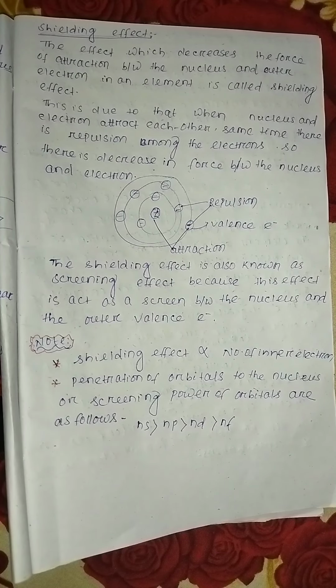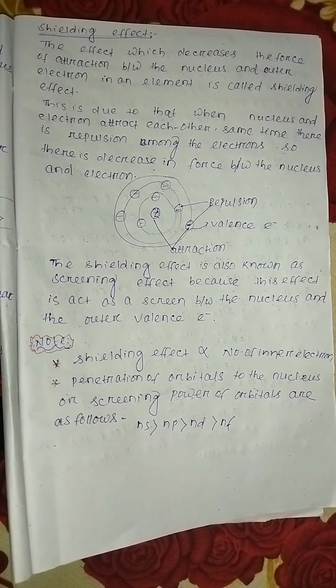This is due to the fact that when the nucleus and electron attract each other, at the same time there is repulsion among the electrons. So there is a decrease in the force between the nucleus and electron, as I have told you. These two electrons repel each other.